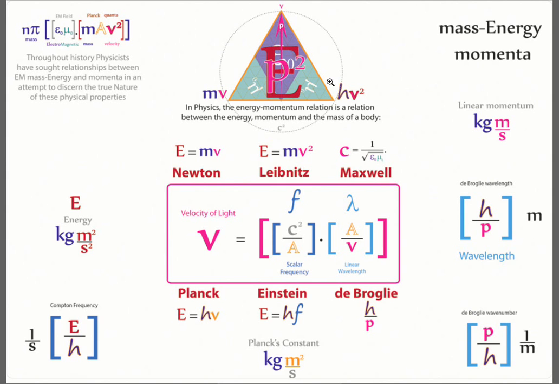Again, the frequency, the Compton frequency, de Broglie wavelength relationships give us the forces or the changes of velocity that each field can create due to its energy momenta. And we can show that frequency and wavelength relationships are again different aspects of scalar or linear measurements of the equilateral geometry, or the alpha of Planck's constant, which is mass alpha.